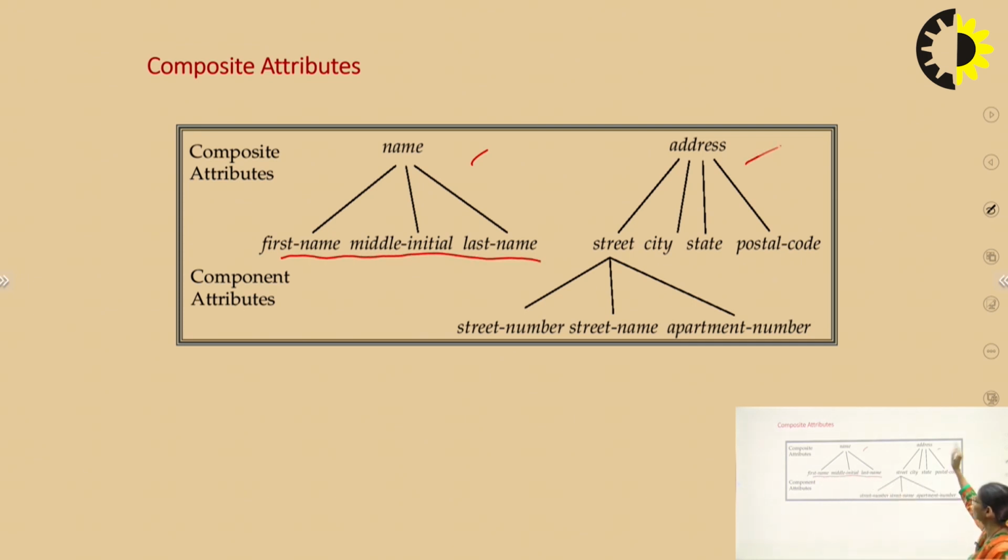In the case of the address, it could be street, city, state, postal code. In some databases, we are required to store the address with all the details as a single unit, whereas in a few databases, we need to show them as different attributes: street, city, state, and so on.